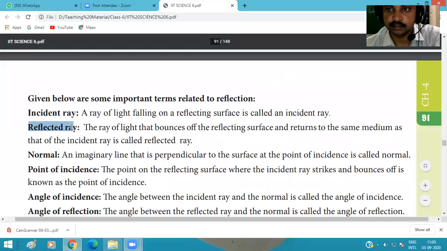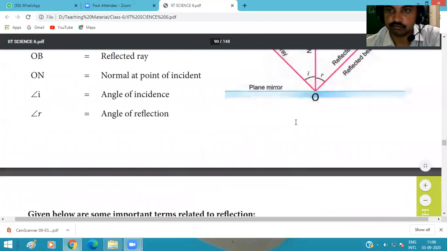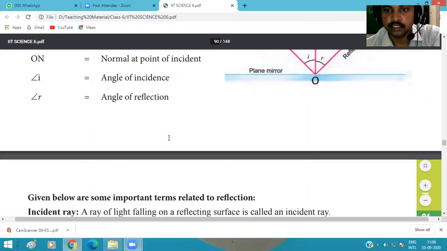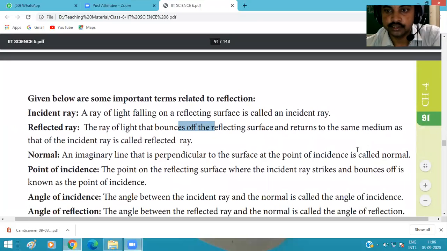The reflected ray is the ray of light that bounces off the reflective surface and returns to the same medium. The light is incident on a point from this medium and bounces back to the same medium, not entering another medium. So this ray after reflection is called the reflected ray.